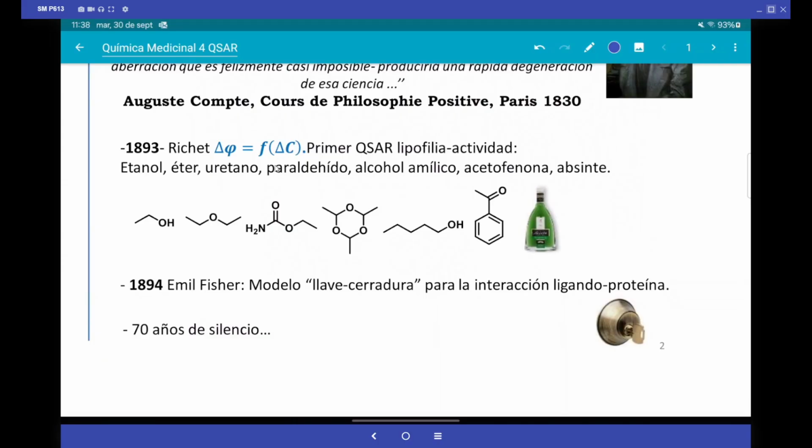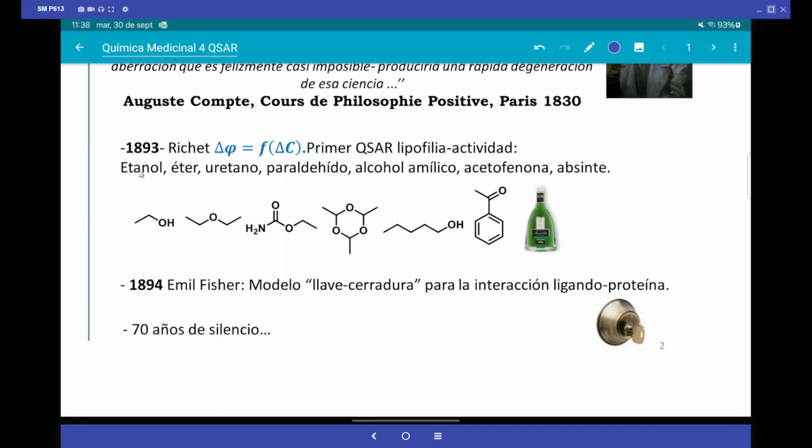And the first, let's say, proto-QSAR is attributed to it, lipophilicity versus activity. He found that at greater lipophilicity, greater biological activity. Here we have a series of molecules: ethanol, ether, urethane, paraldehyde, amyl alcohol, acetophenone, and even an alcoholic extract called absinthe.